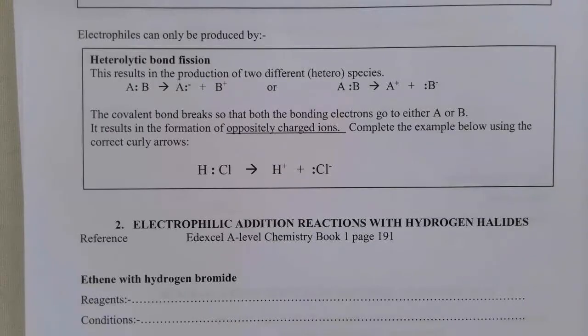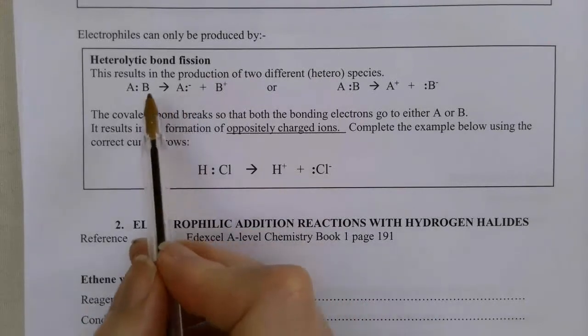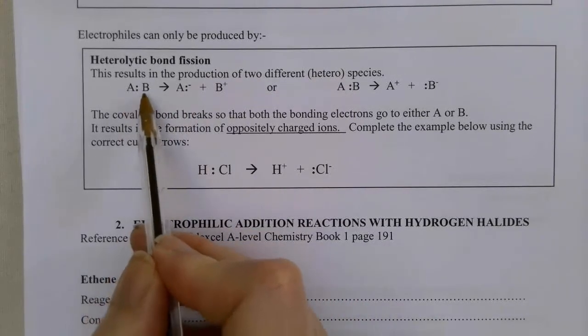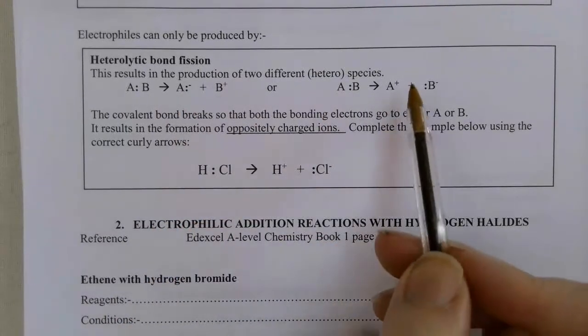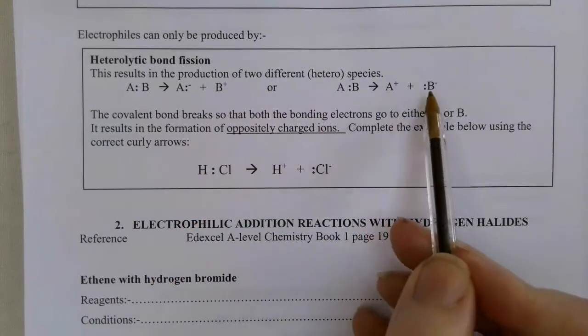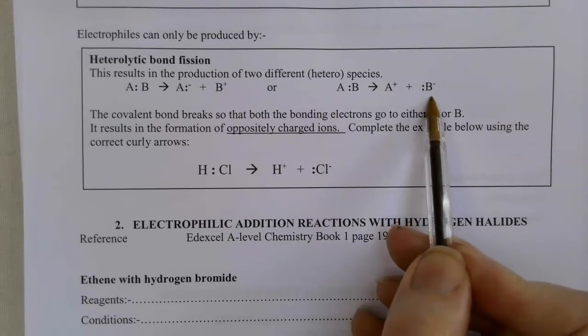In the alkane pack, we looked at homolytic bond fission, where we broke up something to form 2 of the same species. In this case, we're going to be doing heterolytic bond fission, breaking the bond to form 2 different ions. So we can break a bond between A and B, where A becomes negative and B becomes positive, or we can break it up so A becomes positive and B becomes negative.